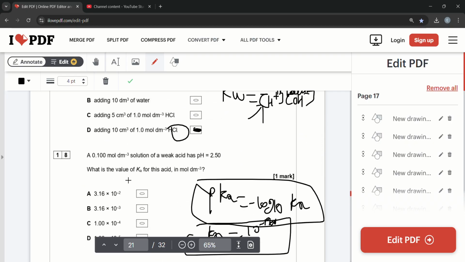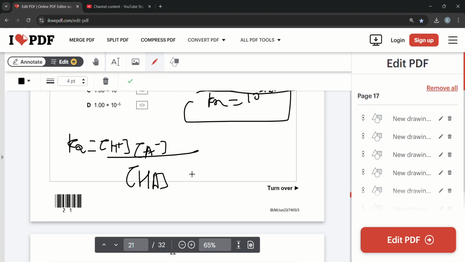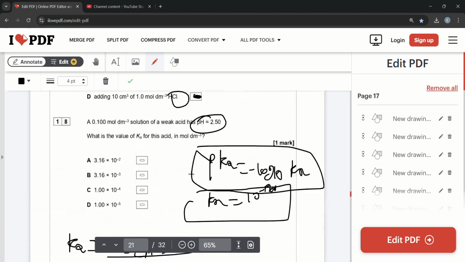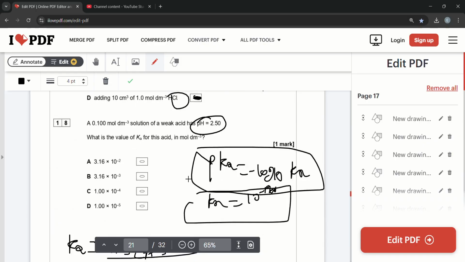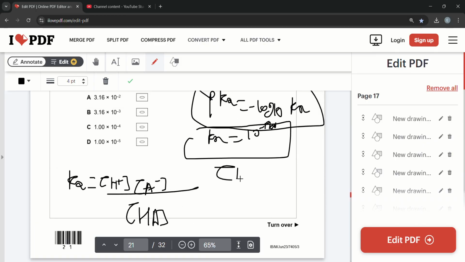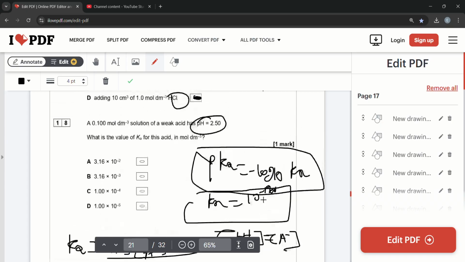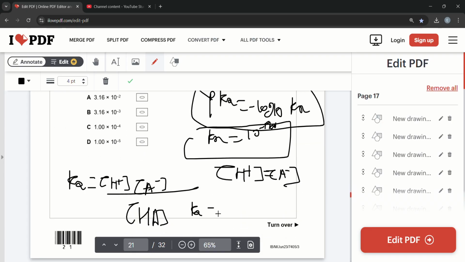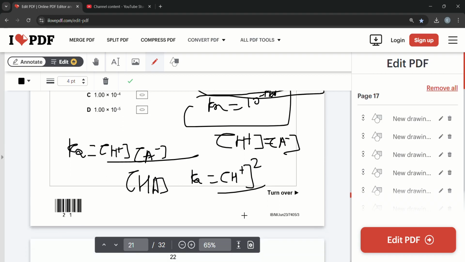And what we're given is a weak acid. It doesn't tell me weak acid, but I can find out the concentration of H+ ions very easily, and therefore I can find out Ka very easily, because H+ is equal to A-. So it's actually going to be Ka is equal to H+ squared over 0.100.